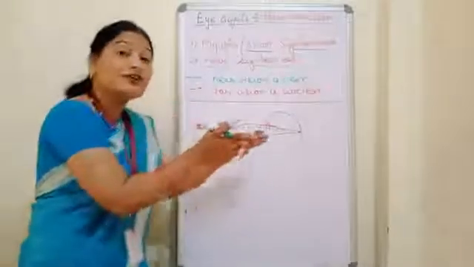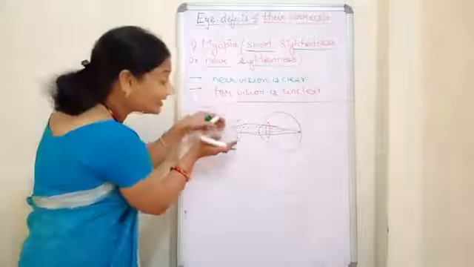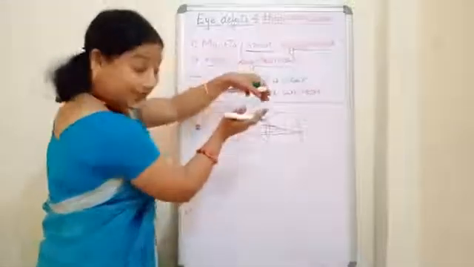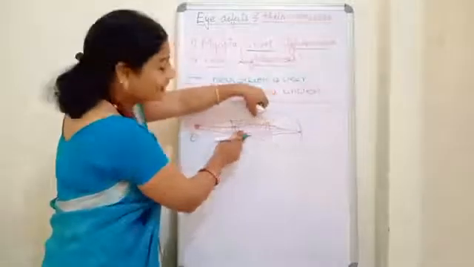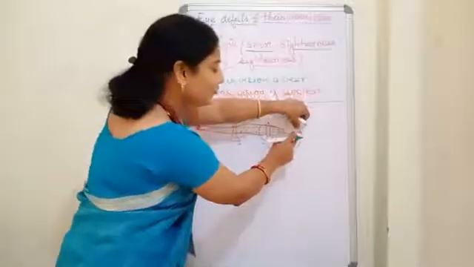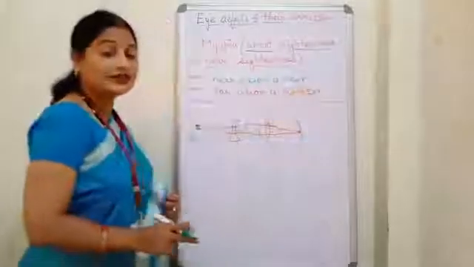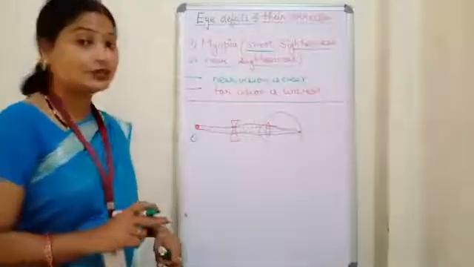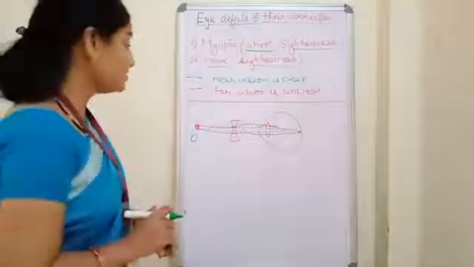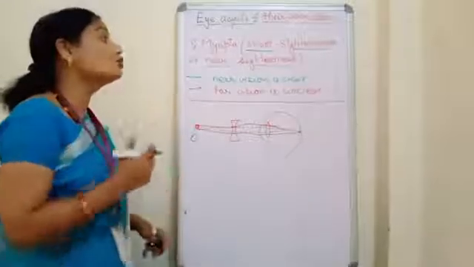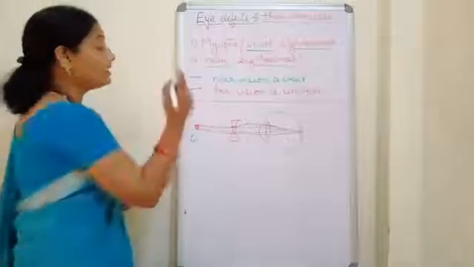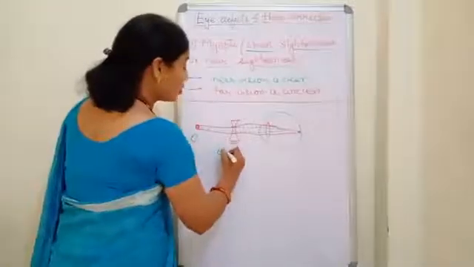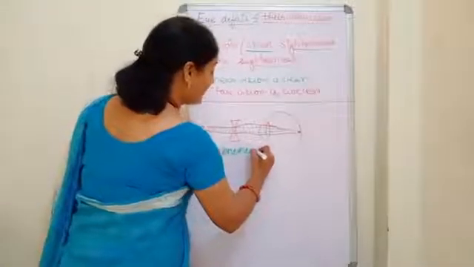They will diverge, and those diverged rays will then converge through the eye lens and form the image on the retina, and we will be able to see things. That's why, children, those who are suffering from myopia or short-sightedness use a concave lens.